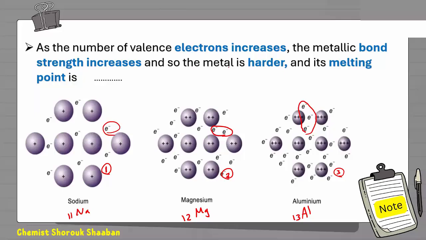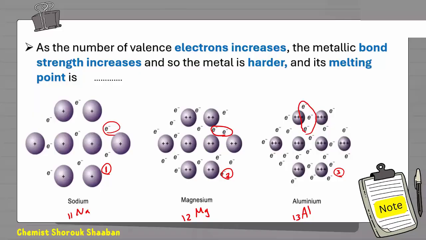And of course, now I have a harder metal. Harder metal means what? If you want to turn this metal from solid into liquid, I mean melting, will you have to use too much heat or less heat?